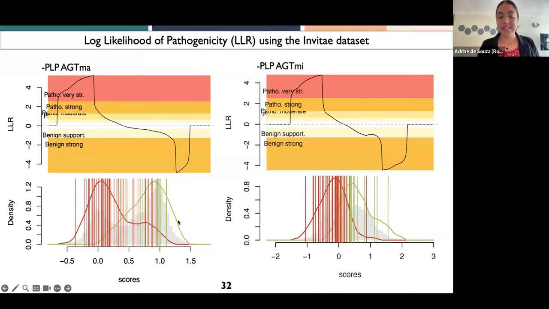In this example, we have a good separation for the major allele, and we notice how benign variants look like they have a worse score in the minor allele background, which makes sense because the minor allele sensitizes the protein to other variants.